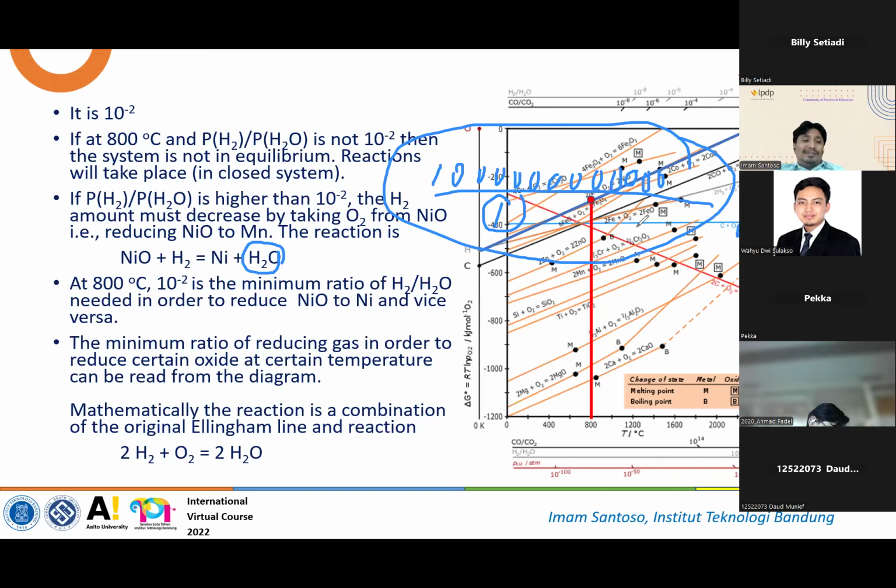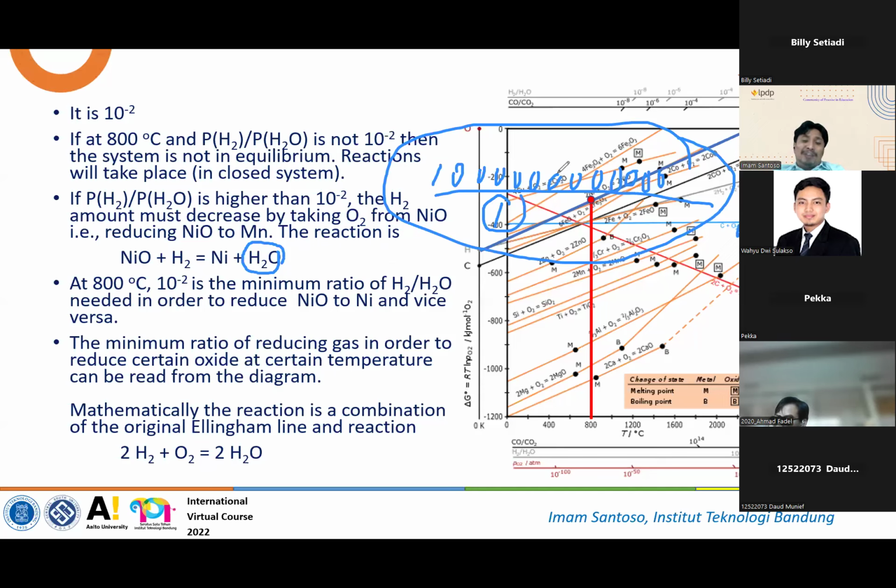For example, if the ratio is 10^4 and it is on the wrong side, oxidation will happen. Not reduction, but oxidation. If you have nickel or magnesium in there, magnesium will become magnesium oxide.